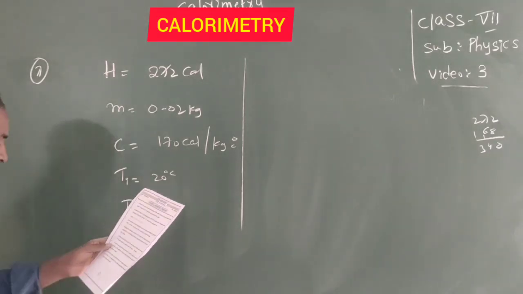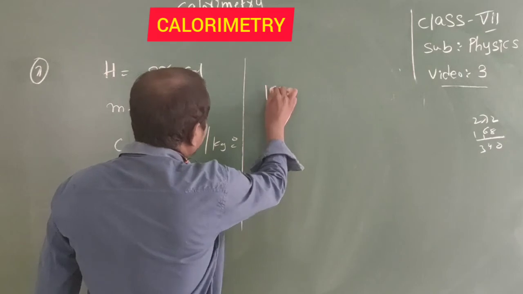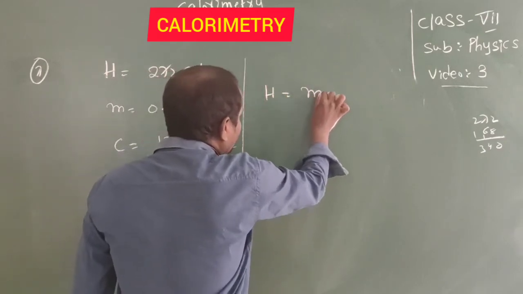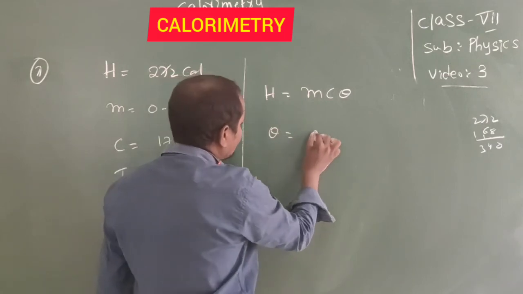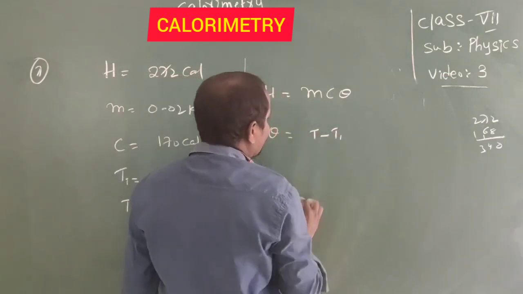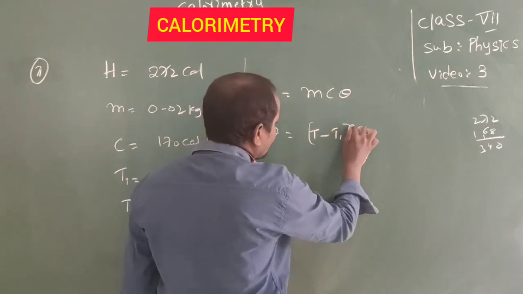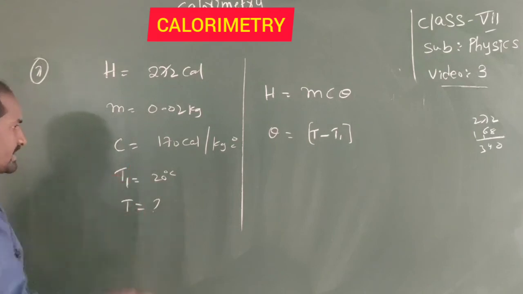Then find the final temperature. We know that heat energy equals m into c into theta, where theta equals T minus Ti.